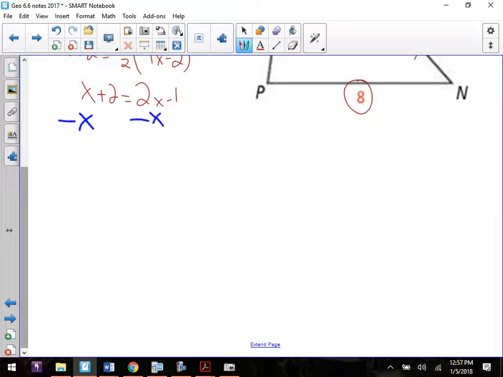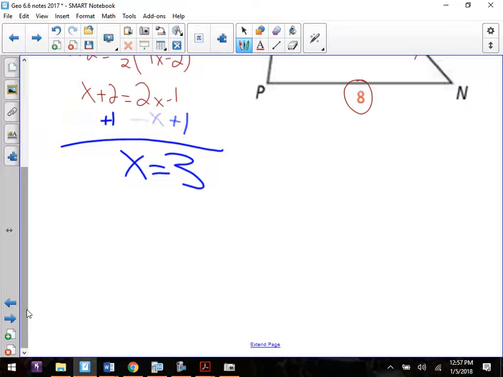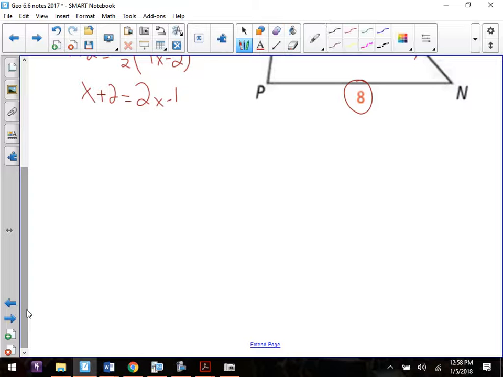Subtract x, add 1. You get x equals 3. Better write it quick. Alright.